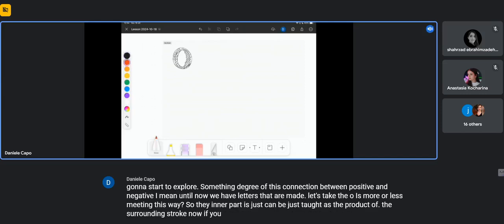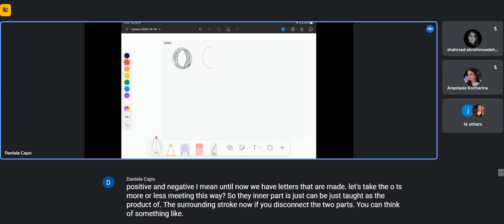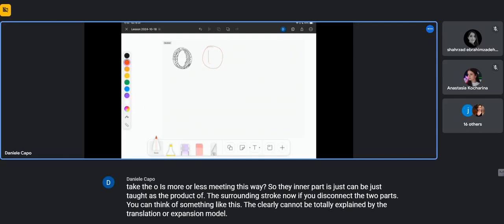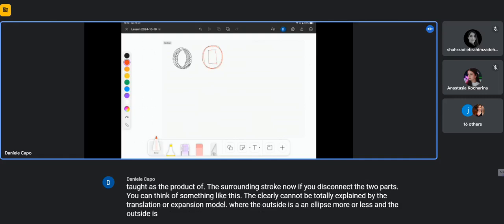Now, if you disconnect the two parts, you can think of something like this that clearly cannot be totally explained by the translation or expansion model, where the outside is an ellipse, more or less, and the inside is a rectangle.